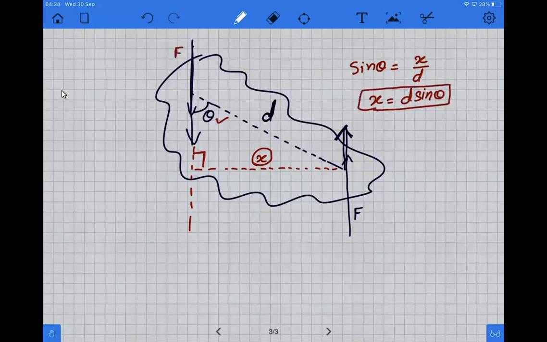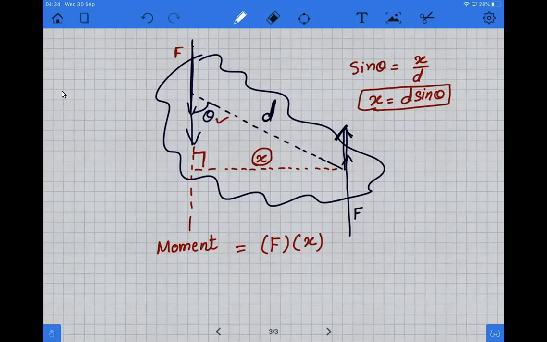As a result, the moment would be one of the forces multiplied with the perpendicular distance between the forces.